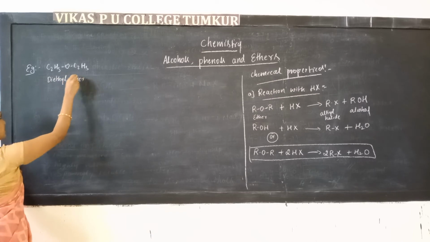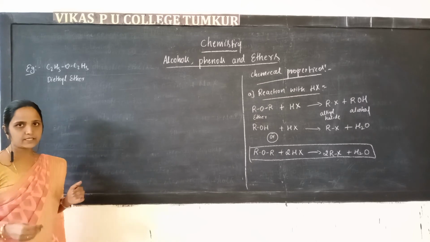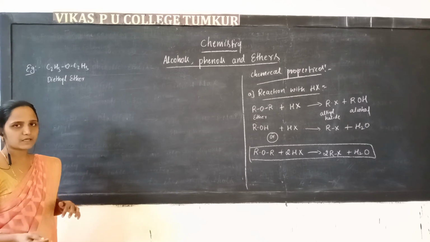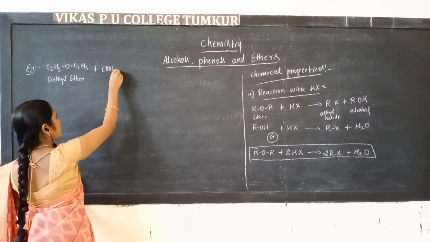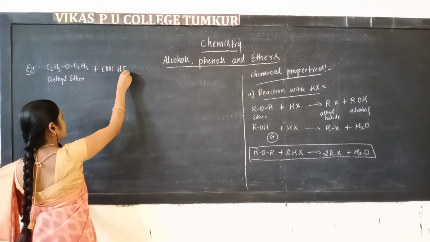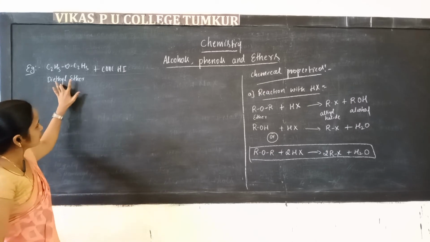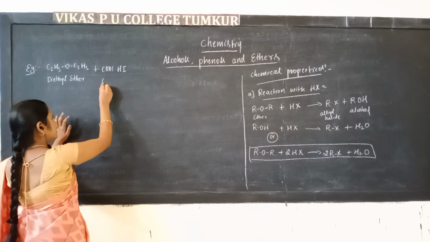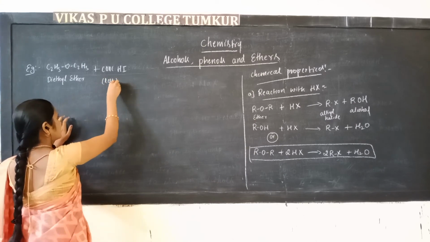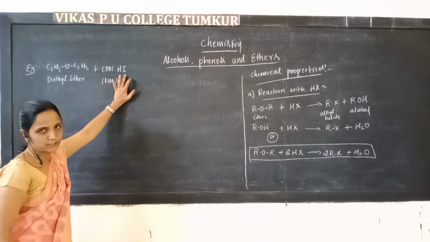This diethyl ether is going to be heated with the less amount of concentrated hydrogen iodide. When diethyl ether is heated with the less amount, in bracket, if you want you can write less amount of concentrated hydrogen iodide.